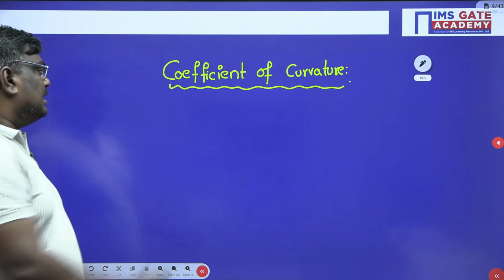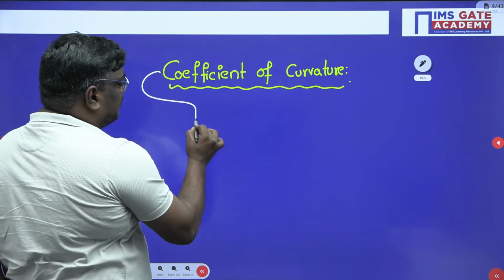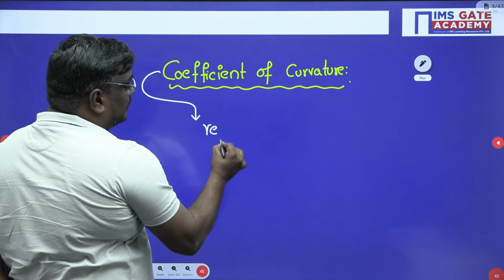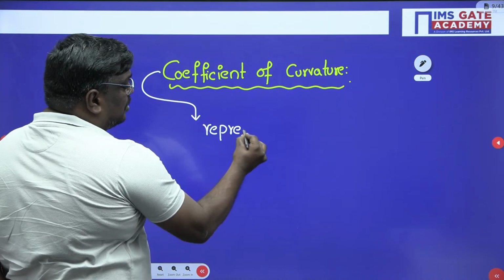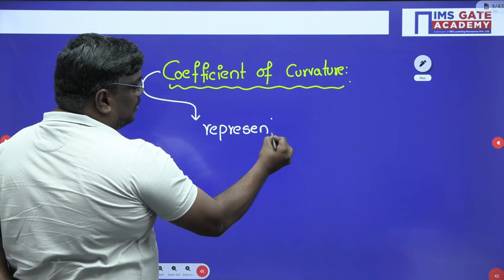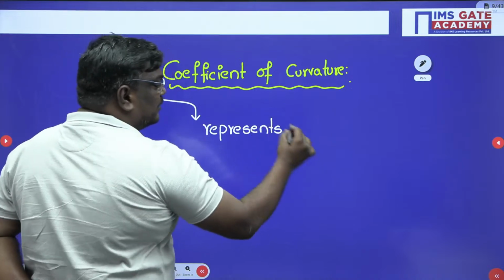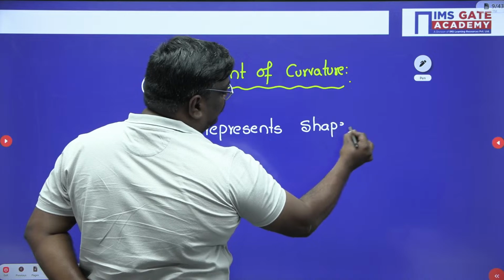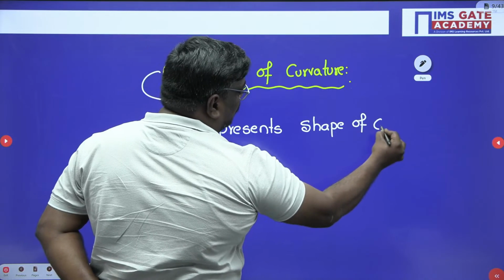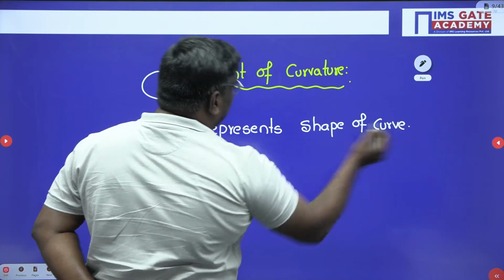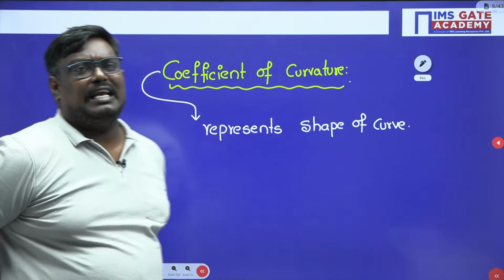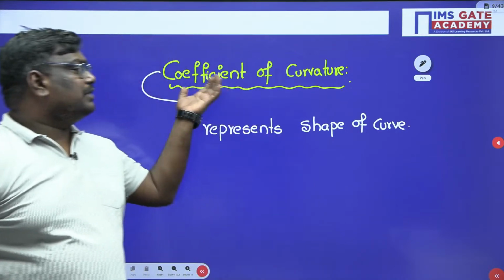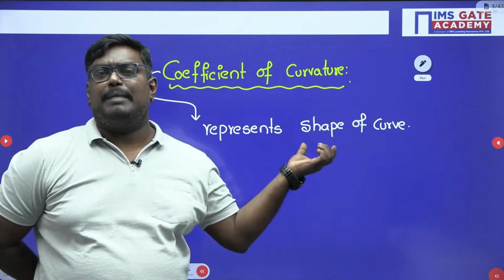Here see, the coefficient of curvature represents the shape of the curve. You have drawn the curve, no? You are telling an S shape, a hump shape and all. It gives you an idea about the shape of the curve, like something you might be studying in curve fitting.